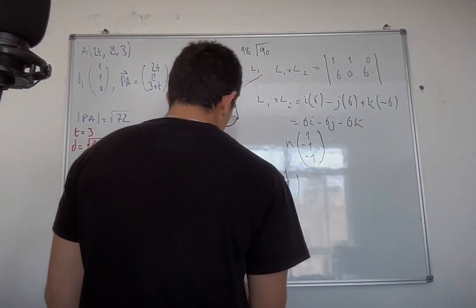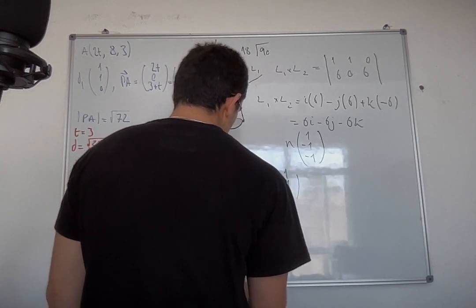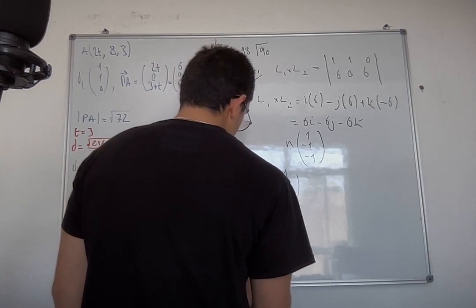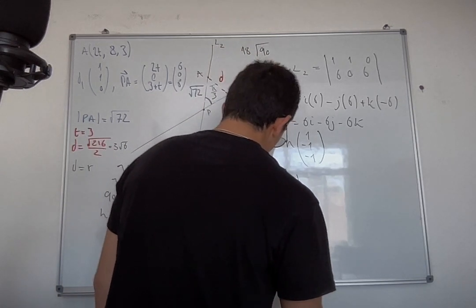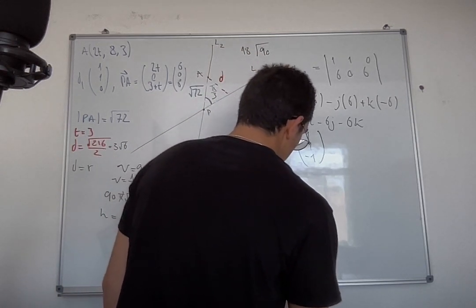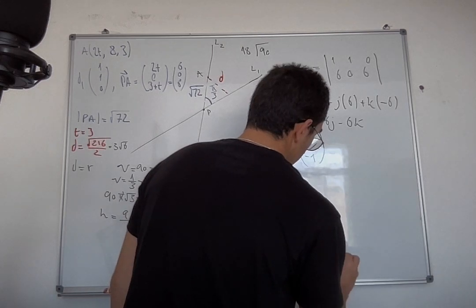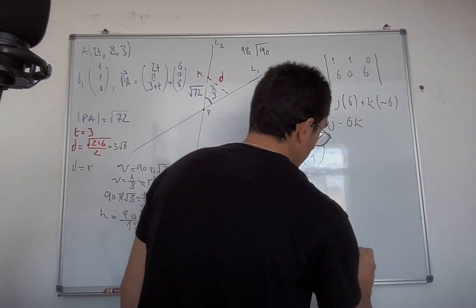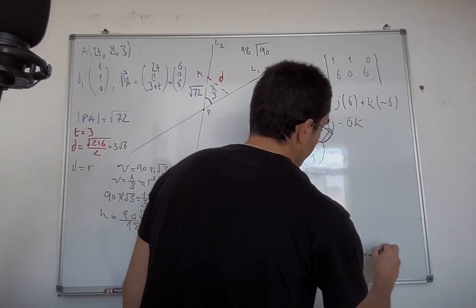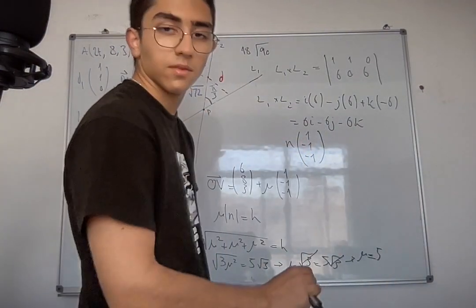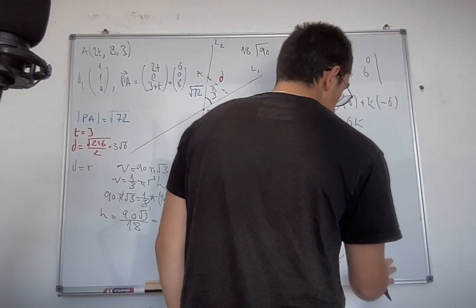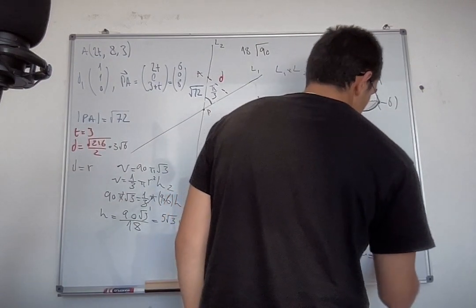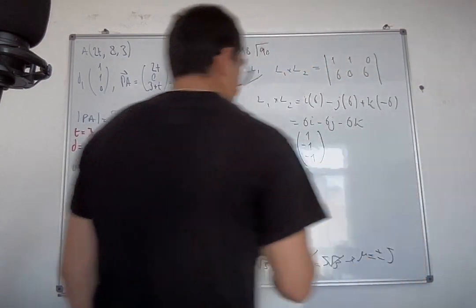So radical 3 mu squared equals 5 radical 3. The mu comes out, mu radical 3 equals 5 radical 3, the radical 3's cancel out, and mu will be equal to plus or minus 5.